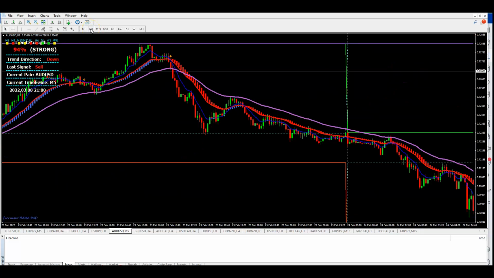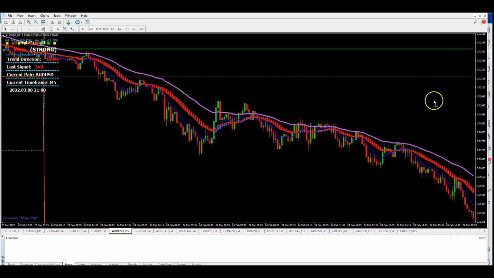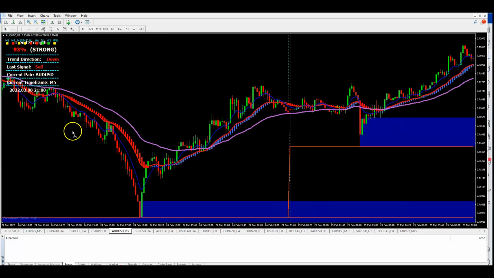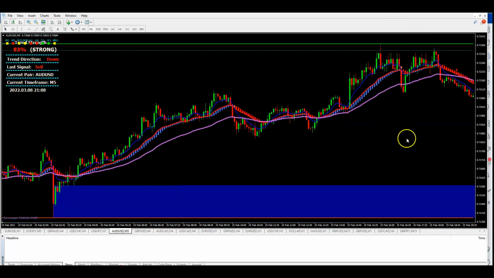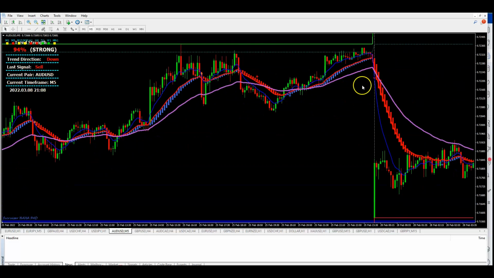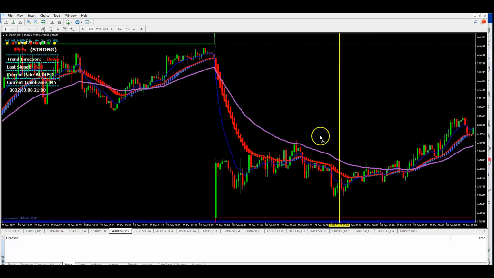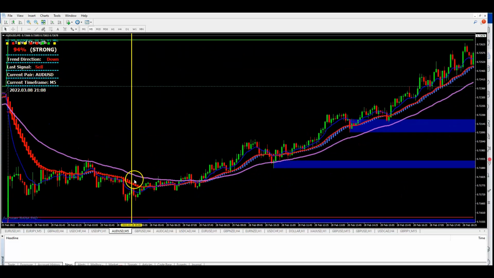Okay, so this is a 5 minute, and we're looking for 2/28. So we have to go back this way. I know they all look the same, but the meaning is so different. Okay, here it is. Alright, so say I mark this on a 1 hour time frame and I come here.